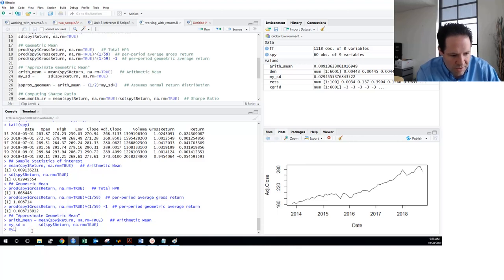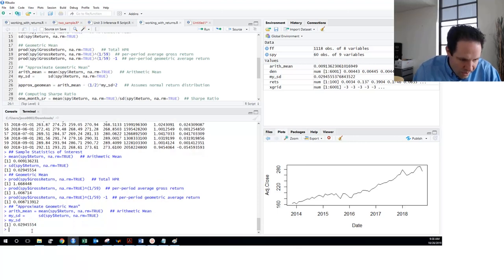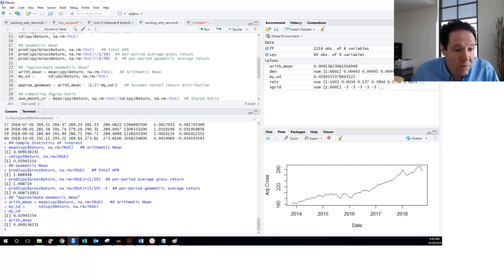So what we'll notice is that the standard deviation is 2.94%. The arithmetic mean is 9.1%. As we had in the notes, there's a relationship between the approximate geometric mean of returns and the arithmetic mean and standard deviation.